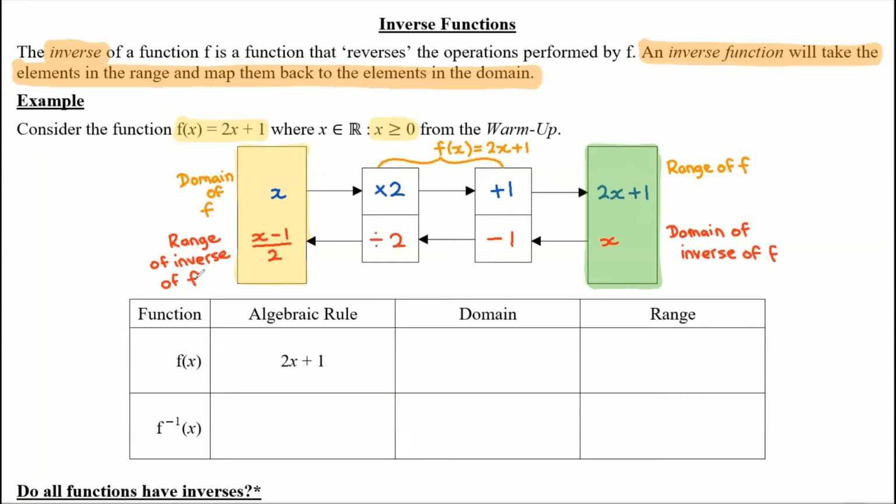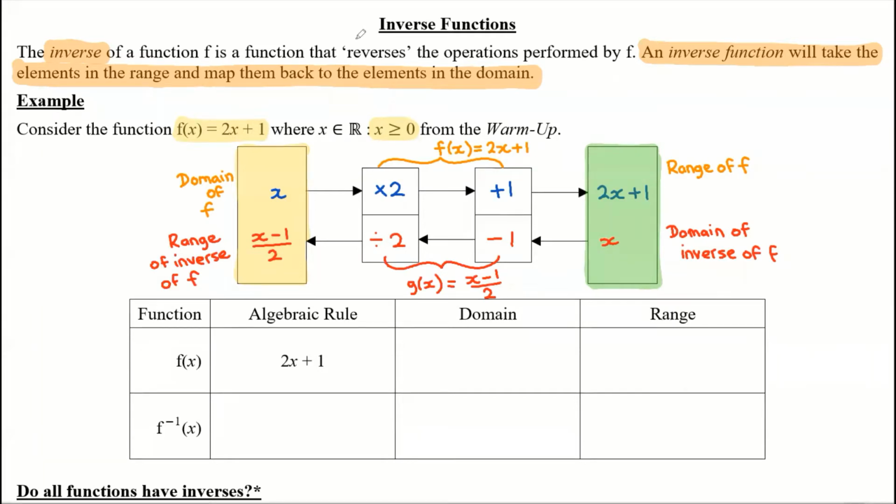So let's put this together more succinctly in a table. Okay, so we don't know what this function's called here, but we'll call it just g for now, which is what we called it originally. So that's x subtract 1 over 2. Right. Now, what we do now is we're going to put all the results together in a table.